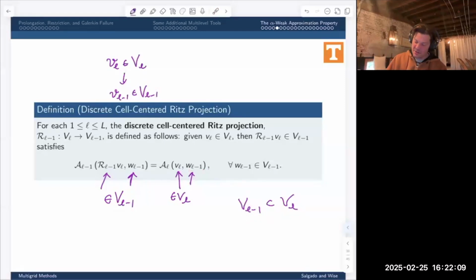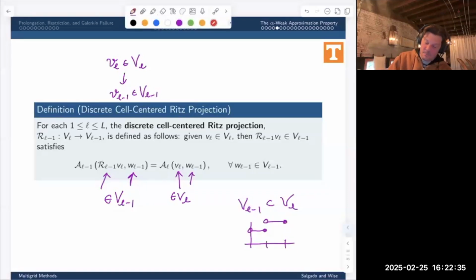Let's just look at what a function might look like on this space. Let's do a very basic grid that has only two intervals for L minus 1. Then these are piecewise constant functions. So there's a typical element in VL minus 1. Here's the question: isn't that also in VL? And the answer is, yeah, of course it is, because I can add that grid point here and here. Now all I have to do is say what that function looks like in that space.